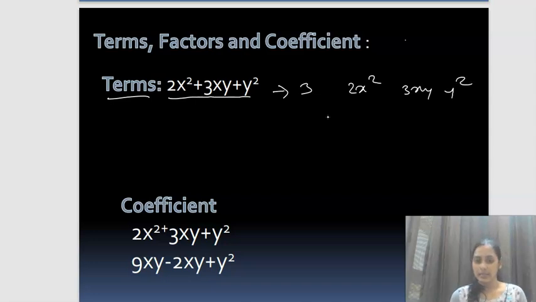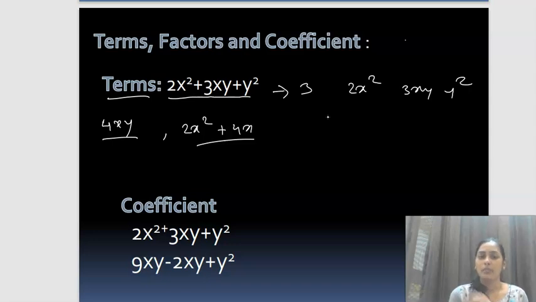For 4xy, only one term. For 2x square plus 4x, two terms. So an algebraic expression can be made up of one term or a group of many terms.